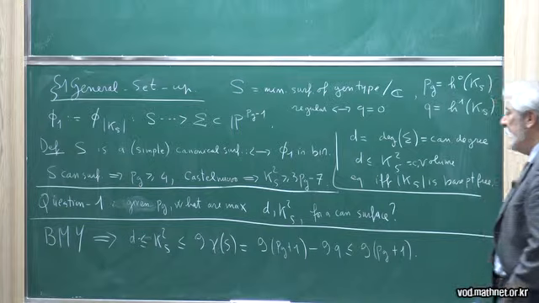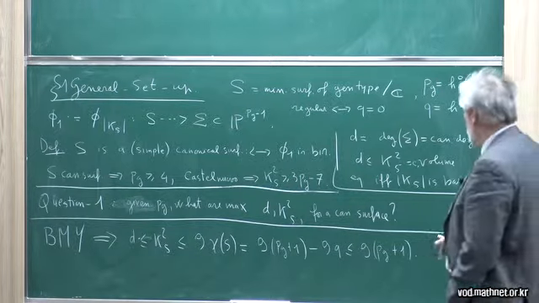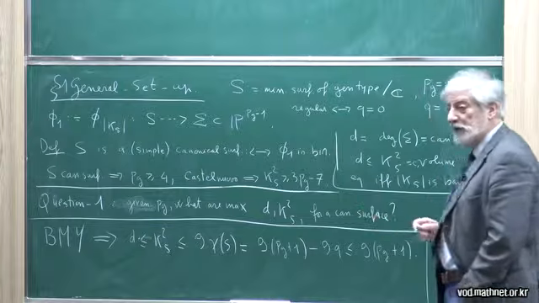So we see immediately from this formula that to get large canonical degree, it is convenient that q equals 0.